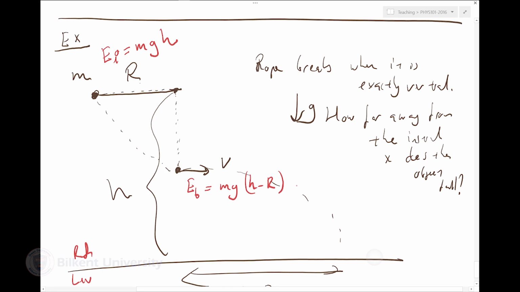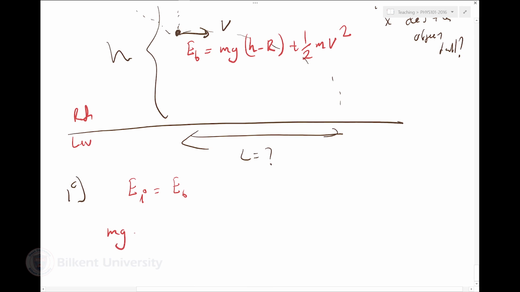And then I'll have 1/2 mv square. So let's equate my initial energy to the energy at the bottom. Initial energy was mgh. Energy at the bottom of the pendulum was mg(h minus r) plus 1/2 mv square.